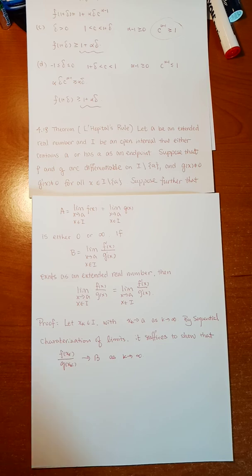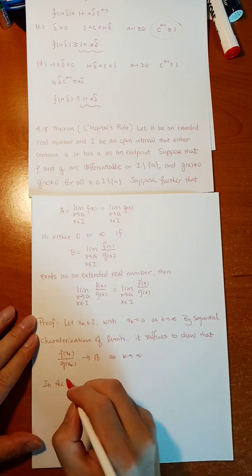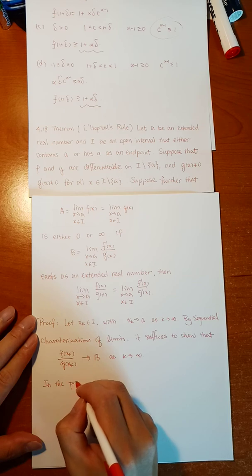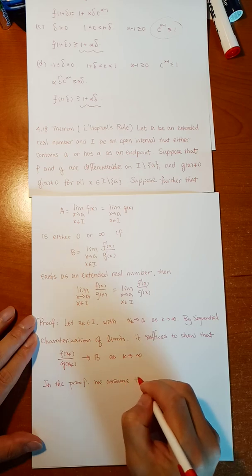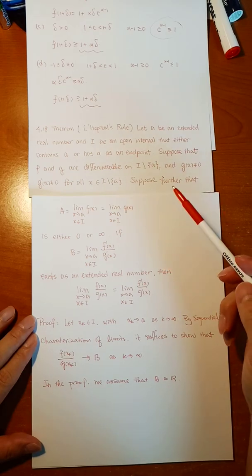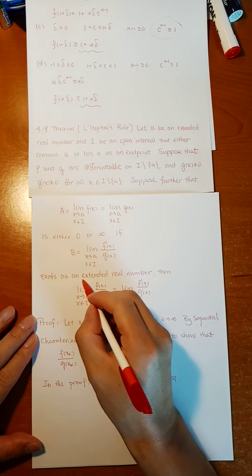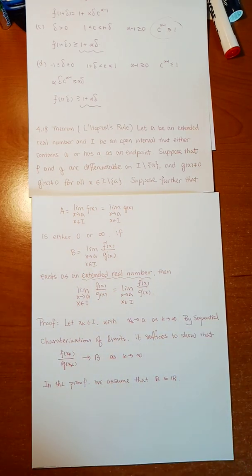Now in the proof, we assume that B belongs to R. B could be an extended real number, but to simplify the proof, let's just assume B belongs to R. If B is plus or minus infinity, you can prove it similarly but in a slightly different way.